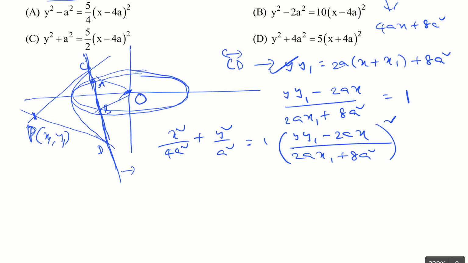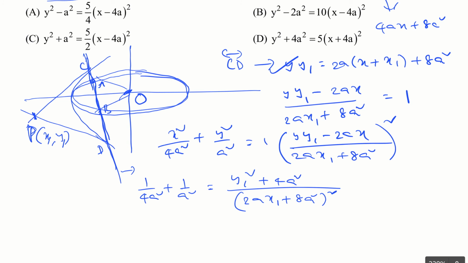Now collecting the coefficients of x squares and y squares and adding them and equating to 0, I'll have it as 1 by 4a square plus 1 by a square is equal to (y1 square plus 4a square) by (2ax1 plus 8a square) whole square.